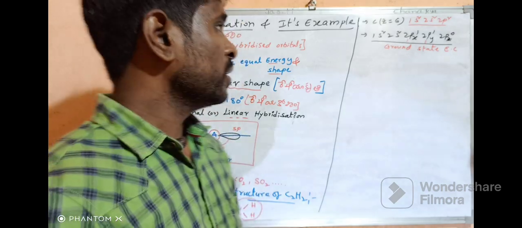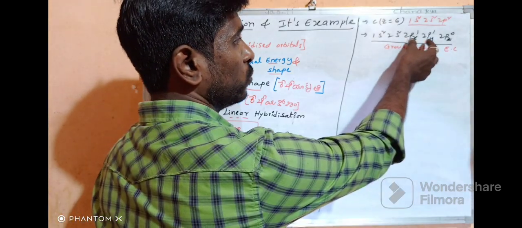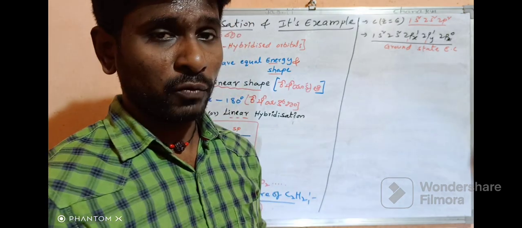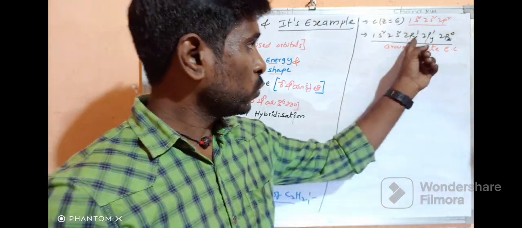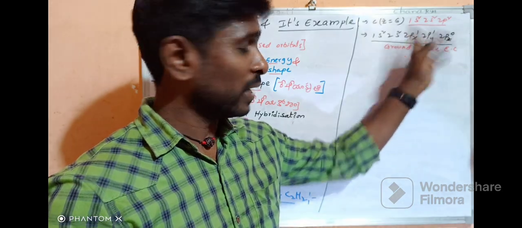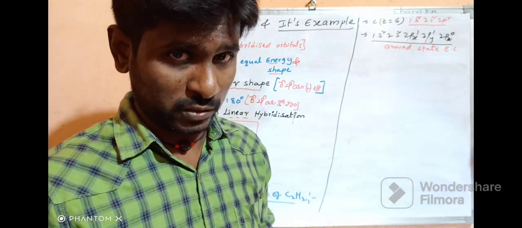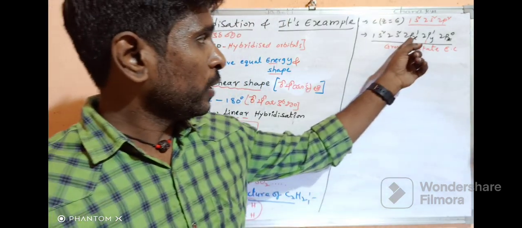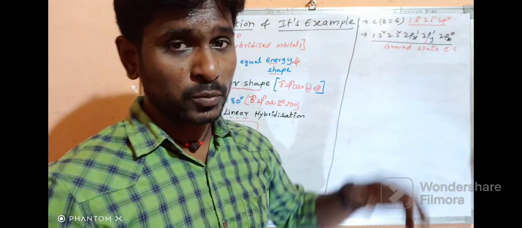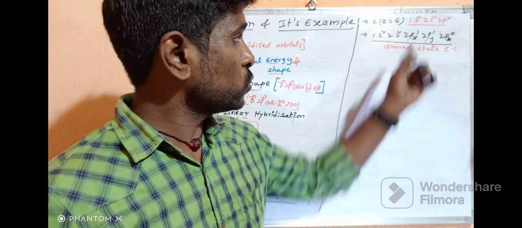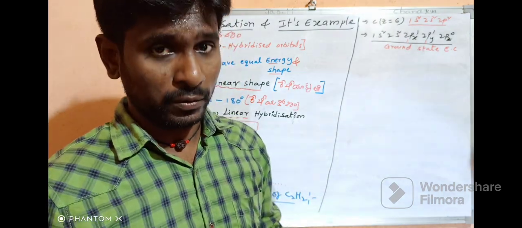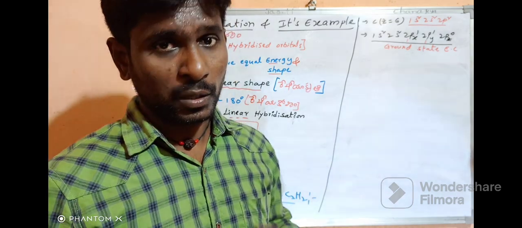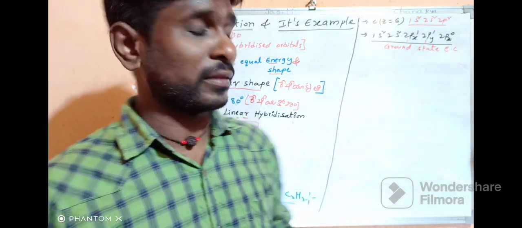What will happen now? In the ground state, it has 2 unpaired electrons. Whenever carbon is involved in bond formation, these 2 unpaired electrons in 2px and 2py form bonds first. These 2 bonds release some bond energy or bond enthalpy.